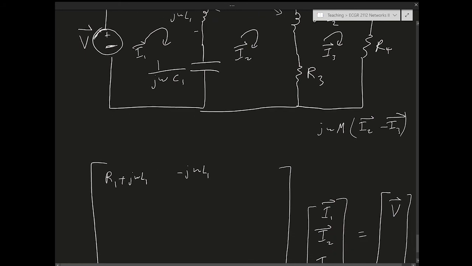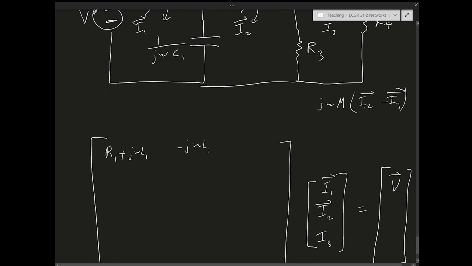So the polarity should be positive, right? And now this is easy. This is here plus j omega M, right? Minus j omega M. The minus sign comes from this minus I3.